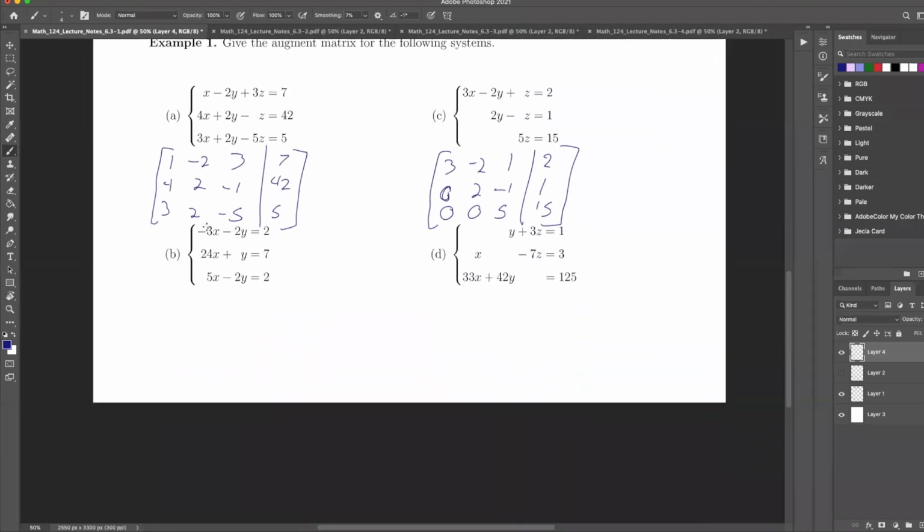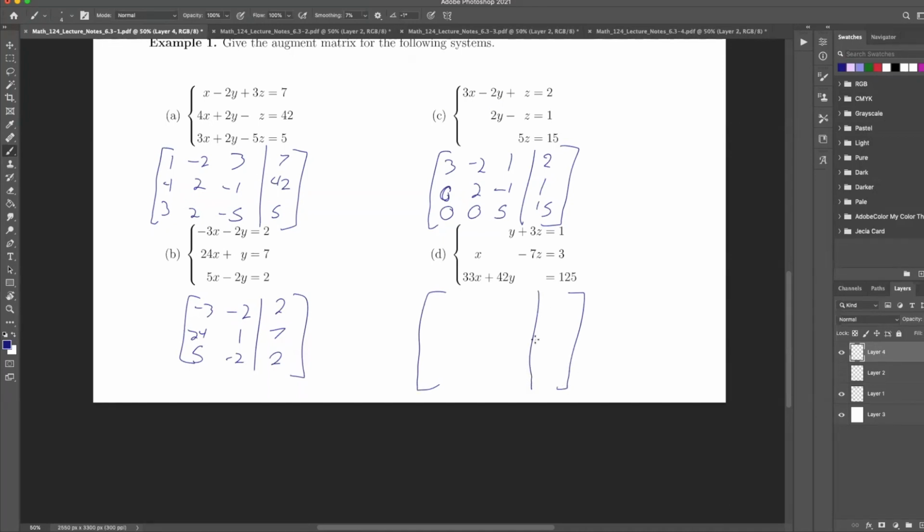Notice if there is no variable, we don't have a row for it. So even though this is 3 rows, it's -3, 24, 5. And here we have -2, 1, -2. And then here we have 2, 7, and 2.